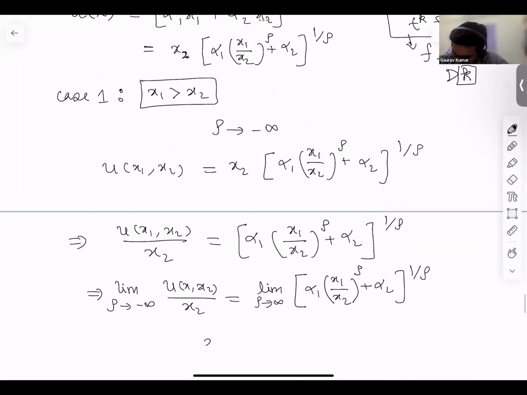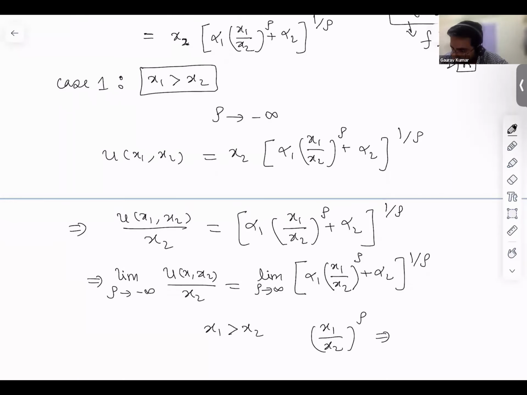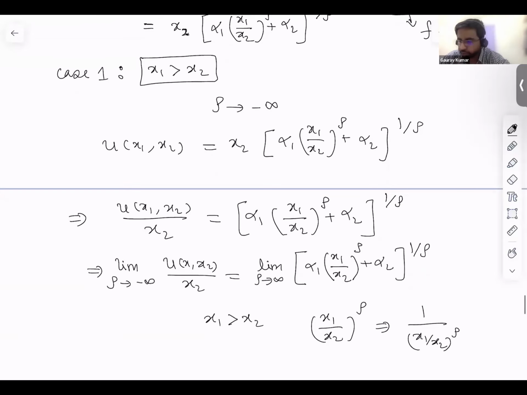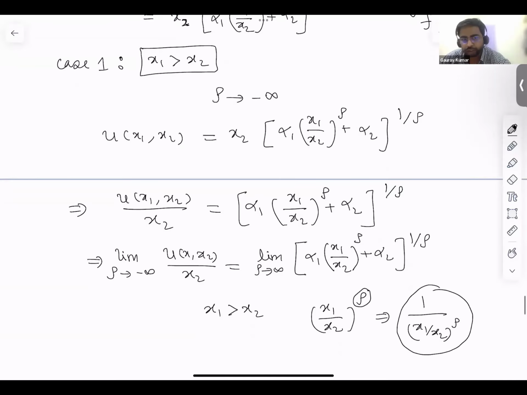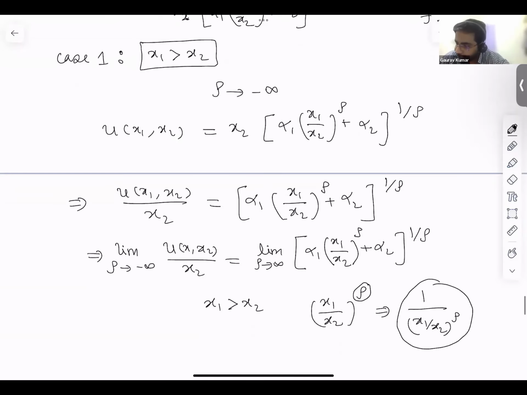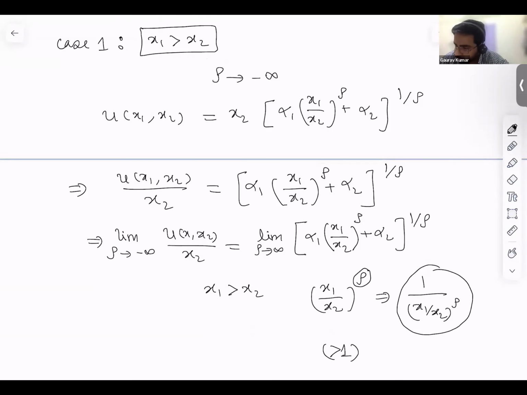Now see, x1 is greater than x2. Okay, since we have assumed that case, and x1 by x2 has been raised to some power of rho which is negative because it's going to negative infinity. So what you can write is 1 by (x1 by x2) to the power of the absolute value of rho, because rho here is negative, so you can have this form because rho is going to minus infinity. And since x1 is greater than x2, some number greater than 1 raised to the power infinity.